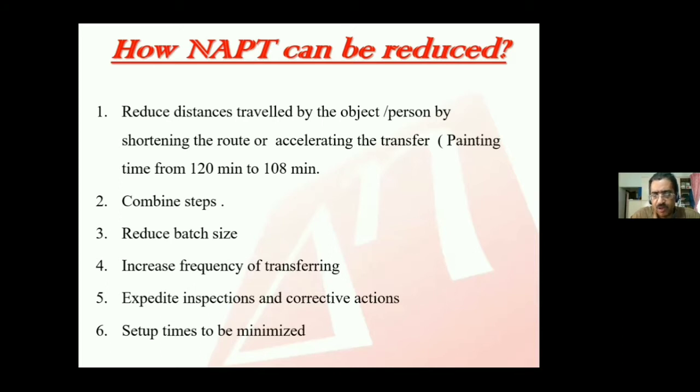This is what we saw in our earlier video about the painting problem. When we reduced the cycle time from 120 minutes to 108 minutes, we were able to get 10% more cycles or more output.